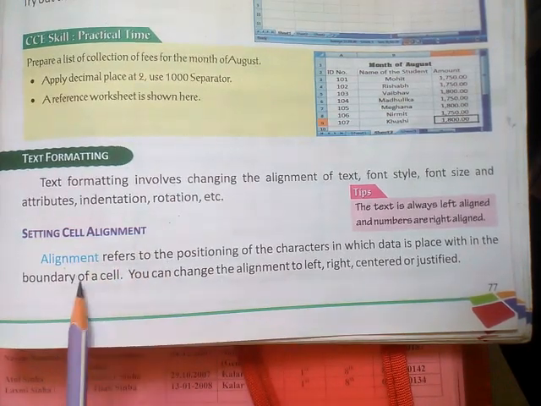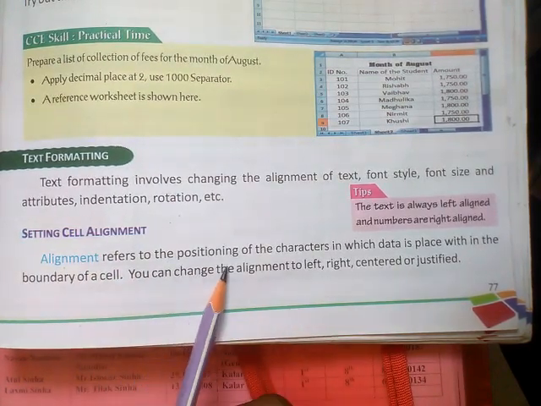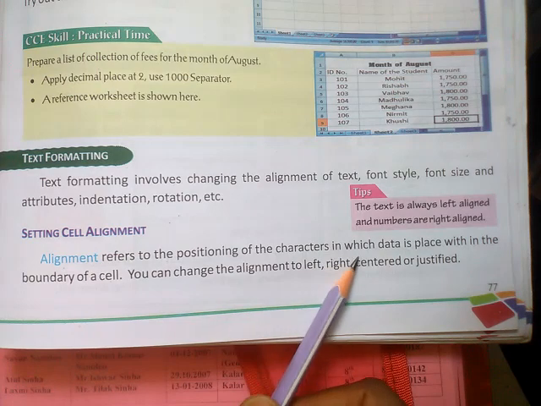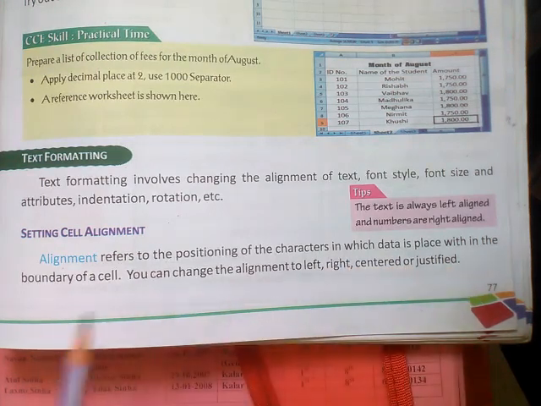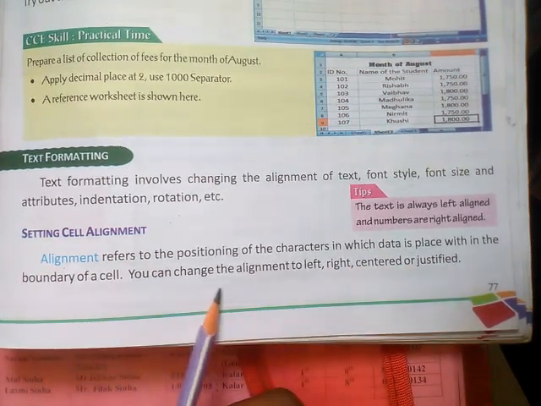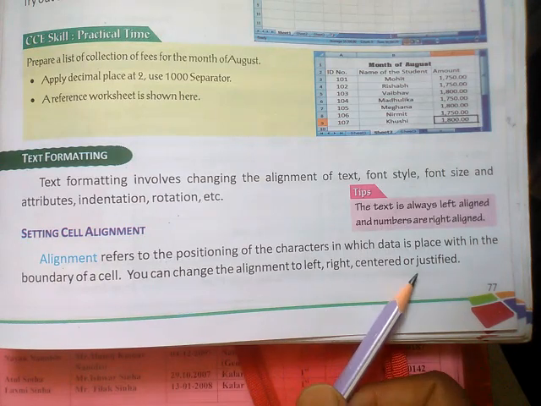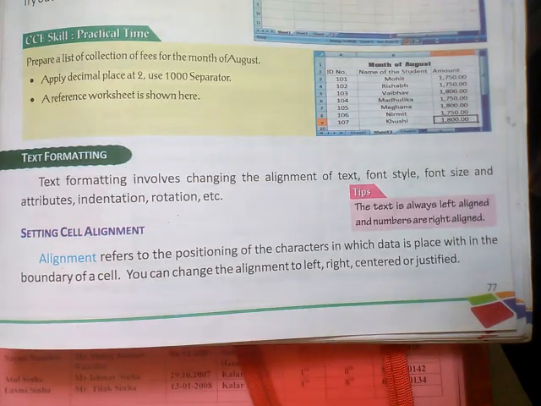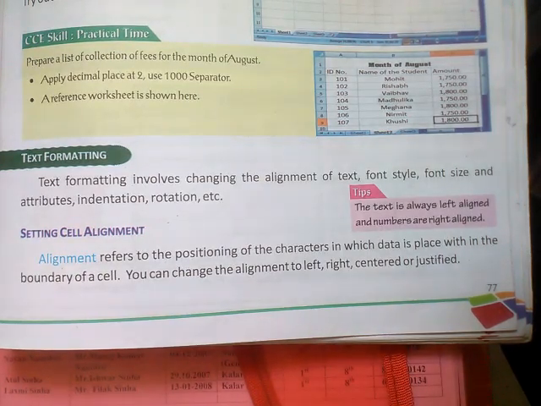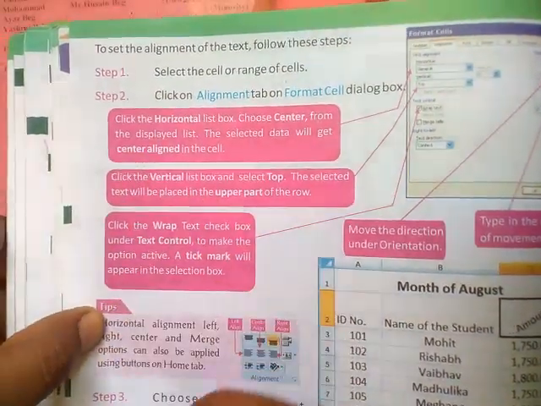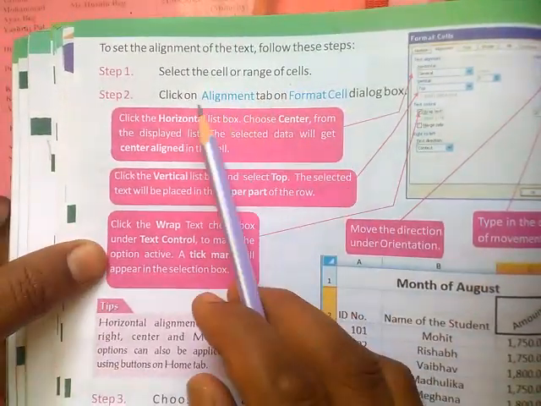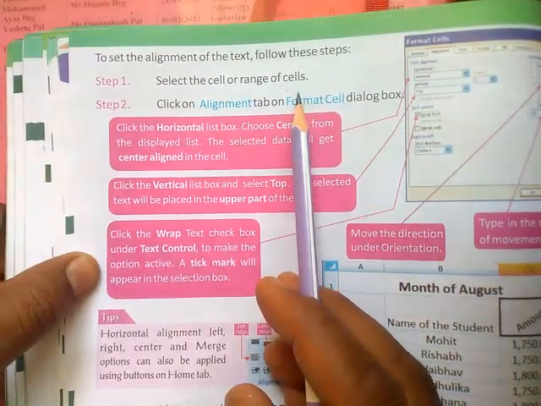Setting cell alignment. Alignment refers to the positioning of the characters in which data is placed within the boundary of a cell. You can change the alignment to left, right, centered or justified as you wish. To set the alignment of text, follow these steps. Select the cell or range of cells.